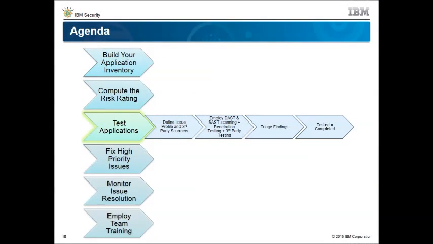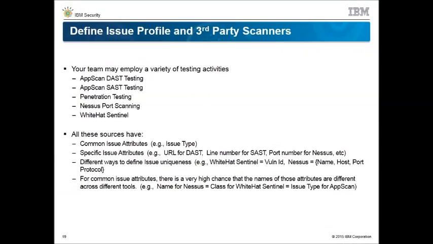Now, when we do testing of the applications, we have AppScan SAST and AppScan DAST, and those are great technologies, but customers usually may also involve penetration testing activities, or maybe Nessus port scanning, or Sentinel scanning, or whatever other type of source for vulnerabilities you may have.